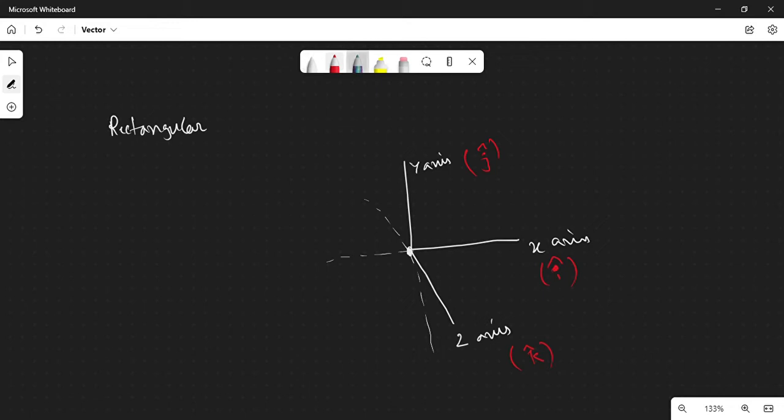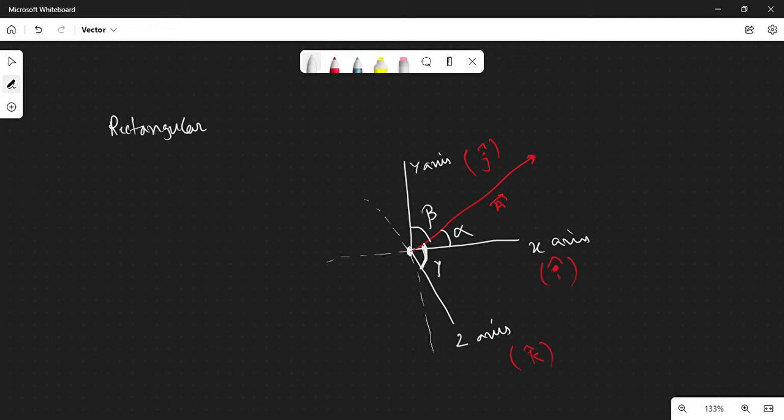And let's suppose a vector goes right there, and it creates an angle with the x-axis, which is called alpha, an angle with the y-axis, called beta, and an angle with the z-axis, called gamma. So alpha, beta, gamma are the axis angles.